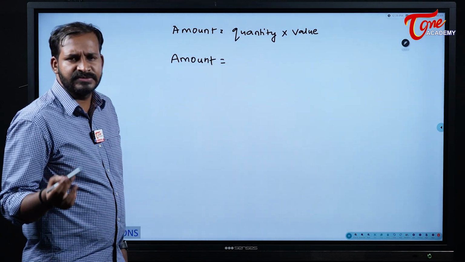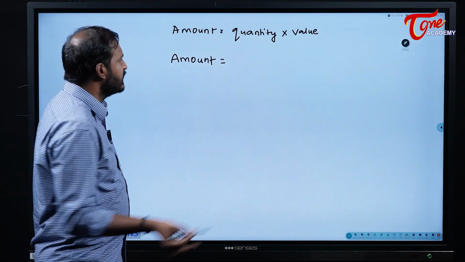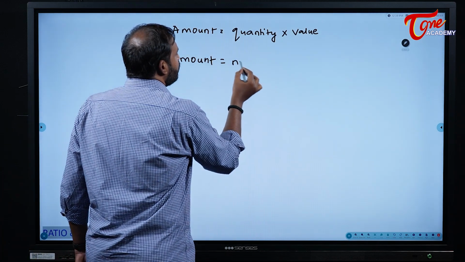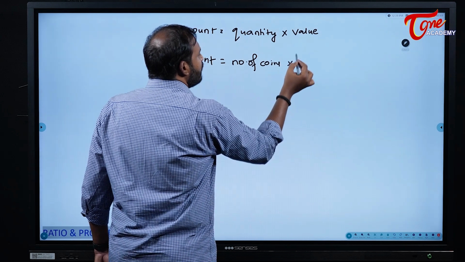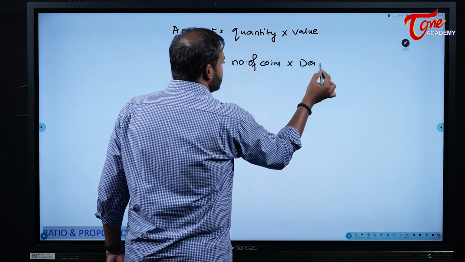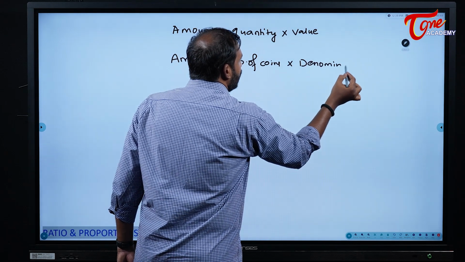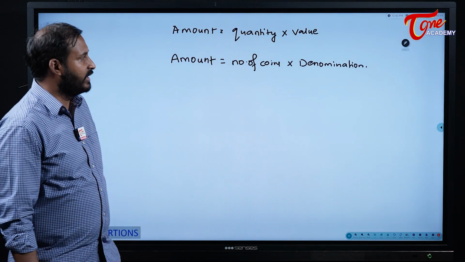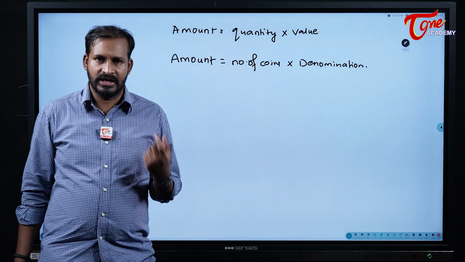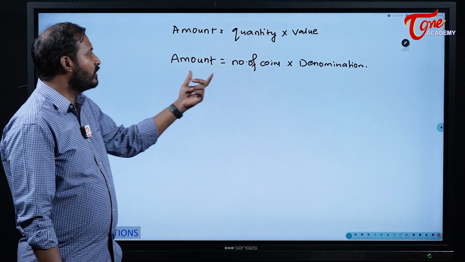Basically we will have questions based on coins only, so quantity I will write as number of coins. Number of coins into value, we call it denomination. Denomination means nothing but its value. So amount is equal to number of coins into denomination.